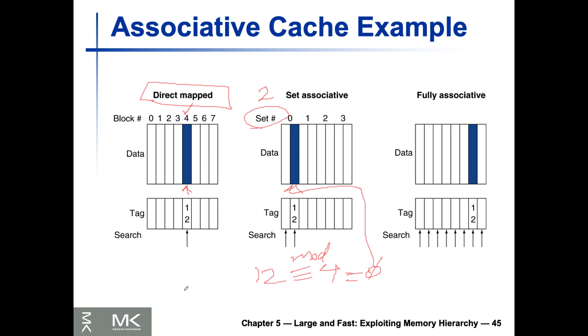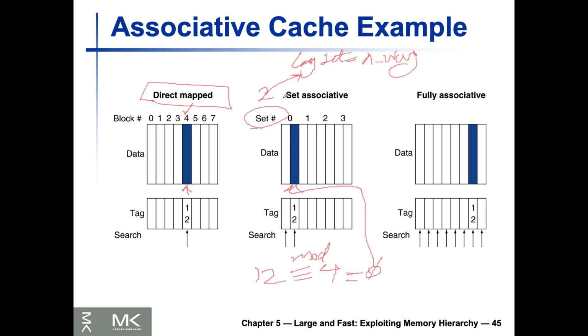By the number of sets, the log of the sets would be your n in n-way. So we have 4 sets, so it's going to be two-way set associative.